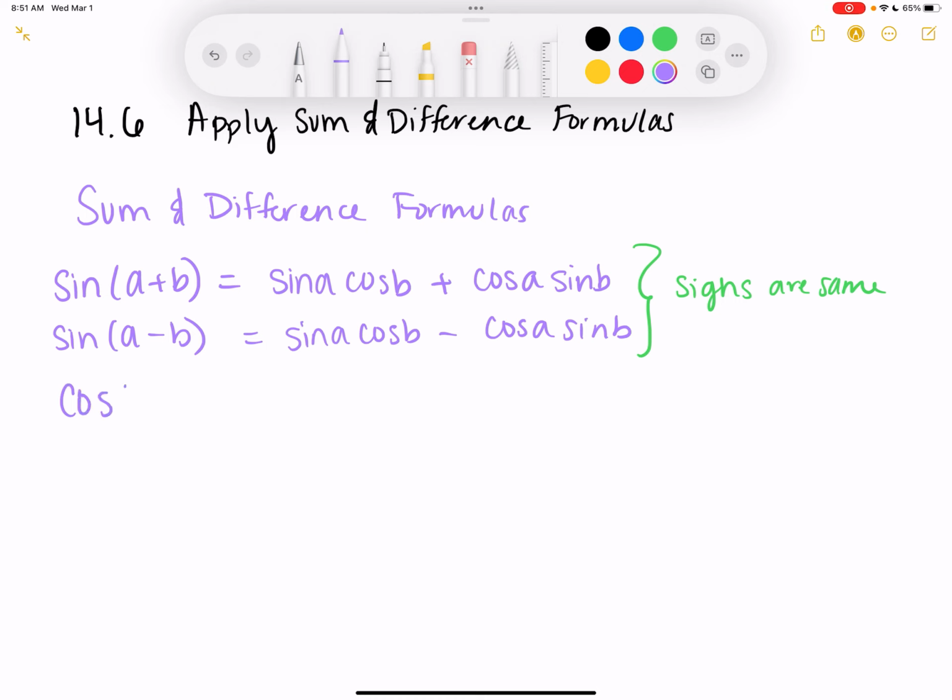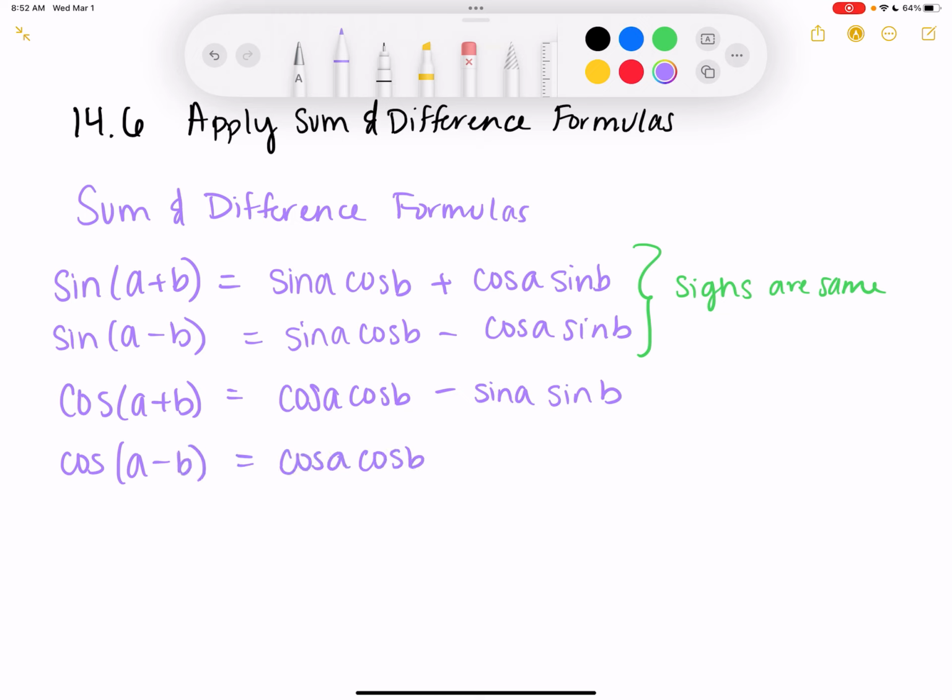Cosine of A plus B is cosine A cosine B minus sine A sine B. Cosine of A minus B is cosine A cosine B plus sine A sine B. So these ones, the signs are opposite.